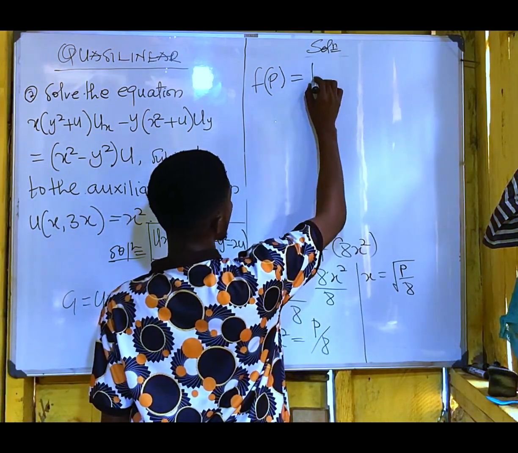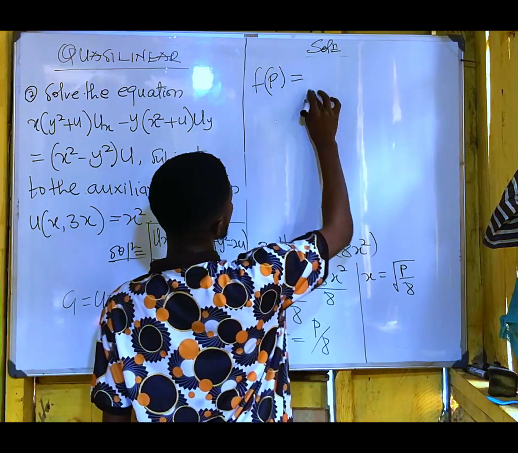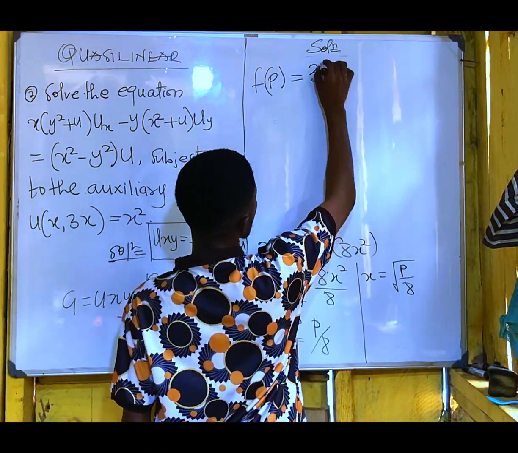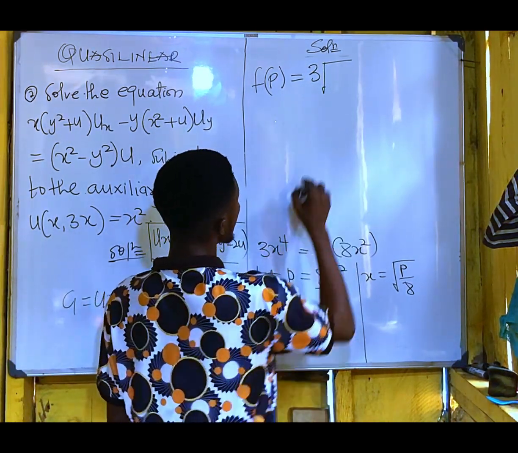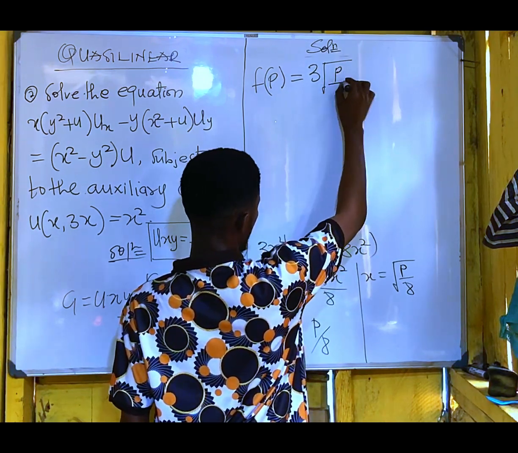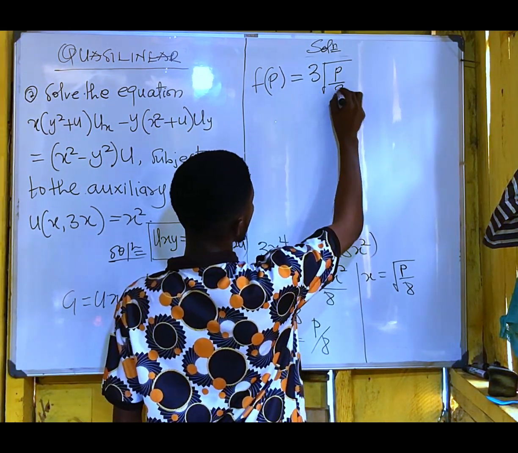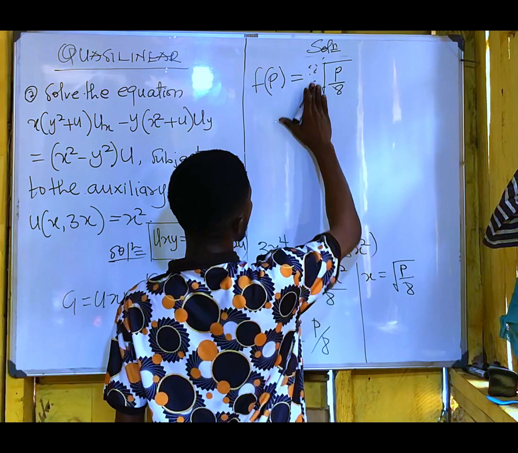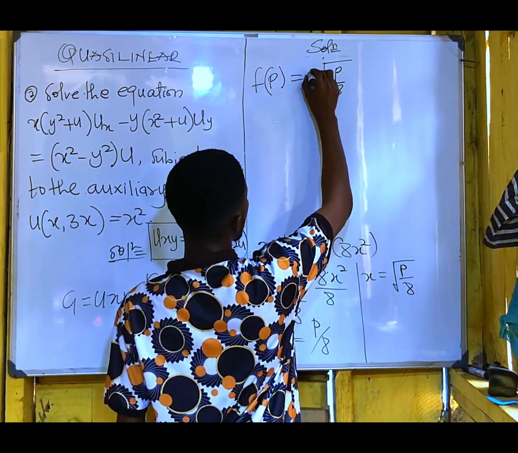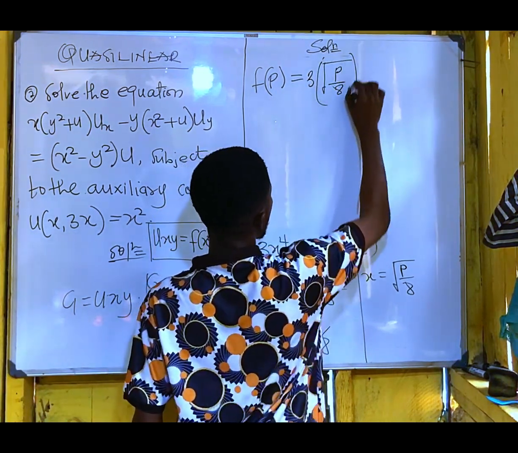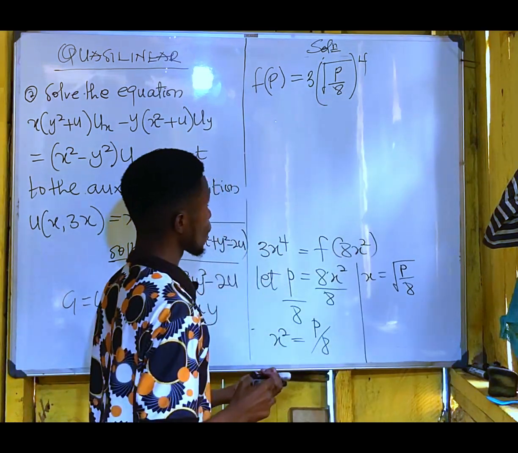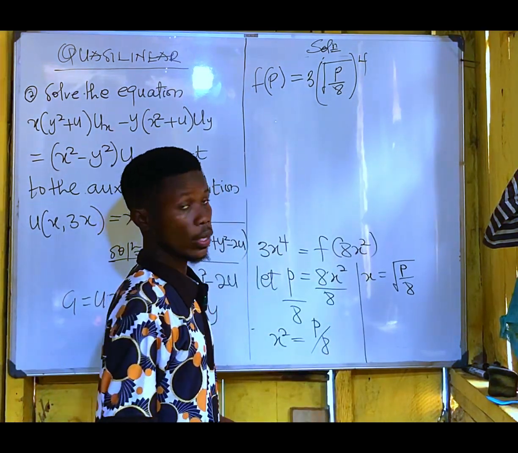So we are going to have, there's 3 already outside, so 3 times the square root of p over 8. This is what you are going to get.